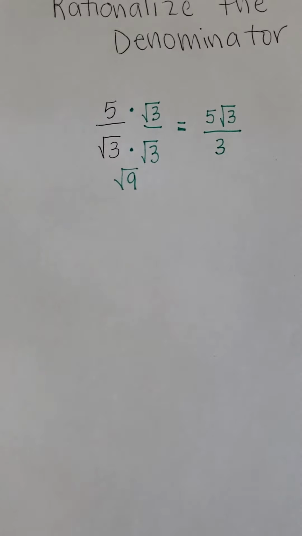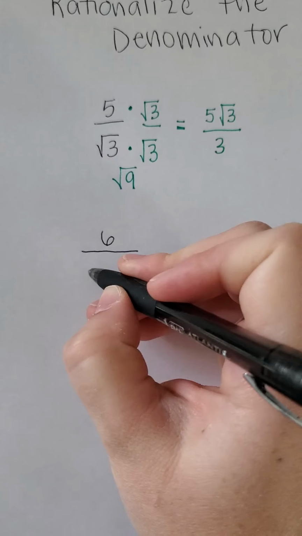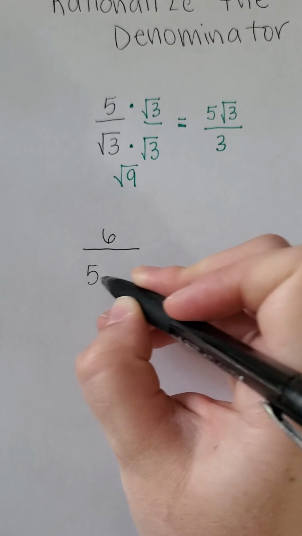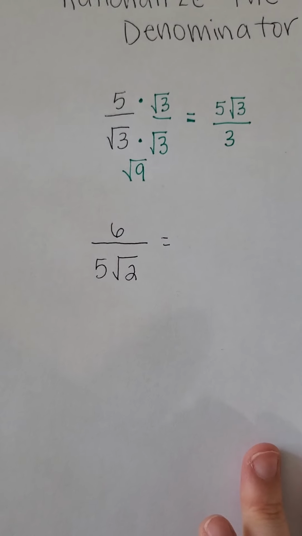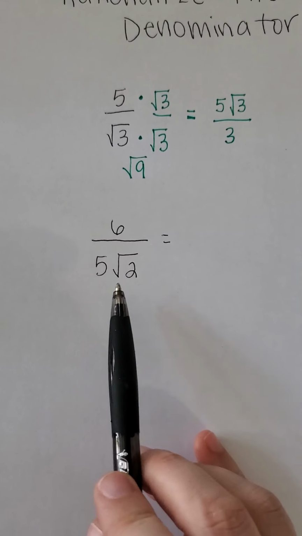All right, so let's do another example. Let's do an example where the denominator has a whole number piece, but it also has a radical.